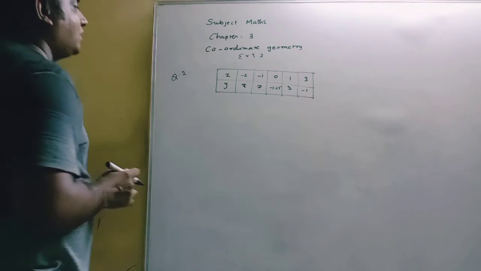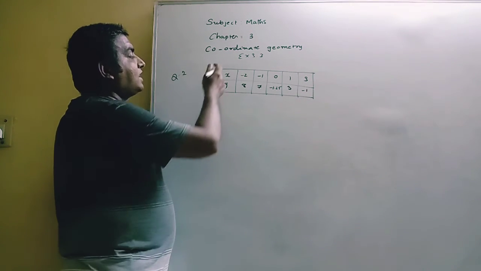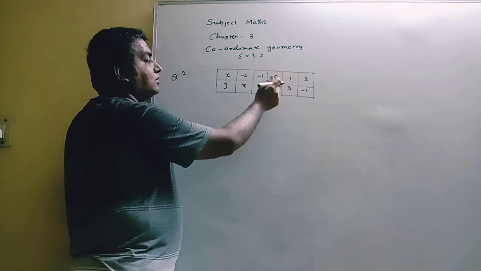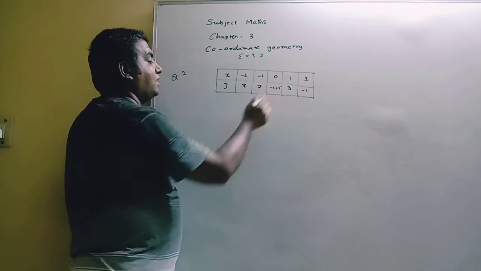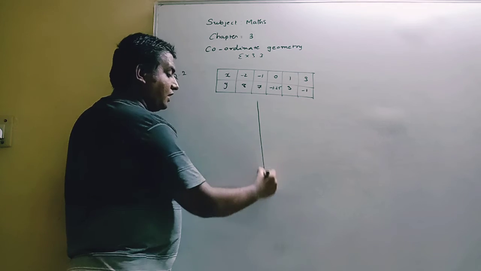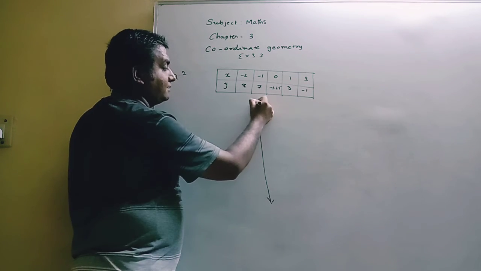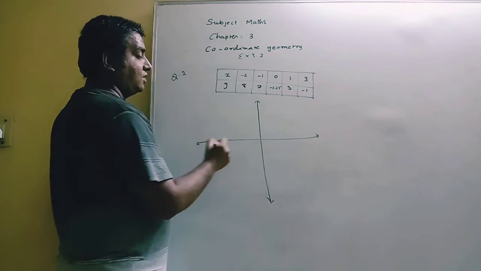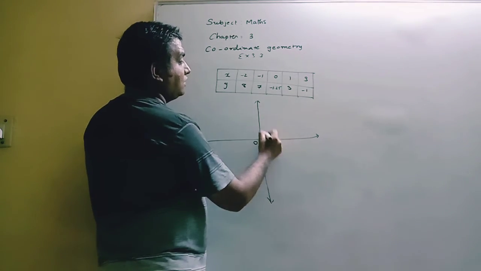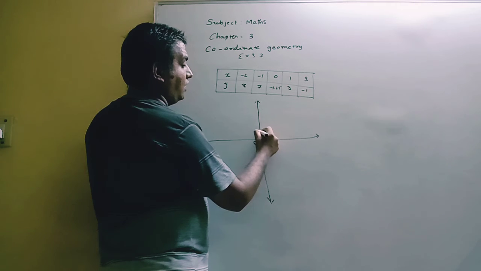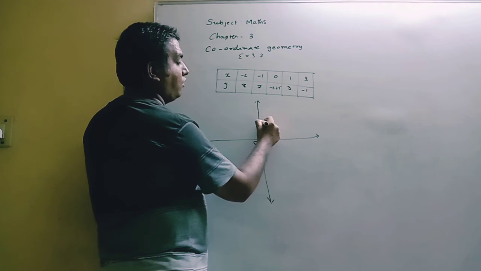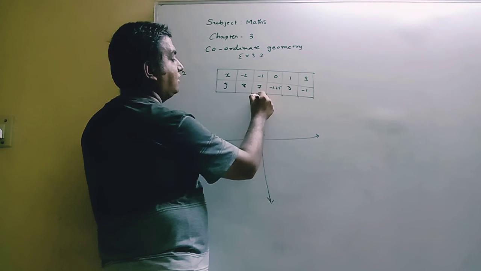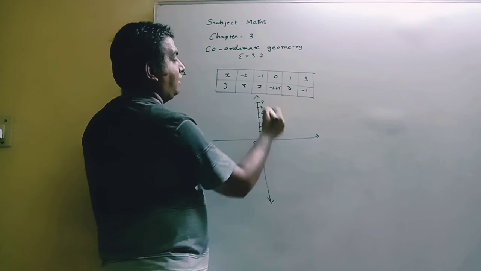Now question 2 is given. Points are given, x and y coordinates: (-2, 8), (-1, 7), (0, -1.25), (1, 3), (3, -1). Locate them in the Cartesian plane. So we will draw the Cartesian plane. 0 here, 1, 2, 3, 4, 5, 6, 7 and 8.